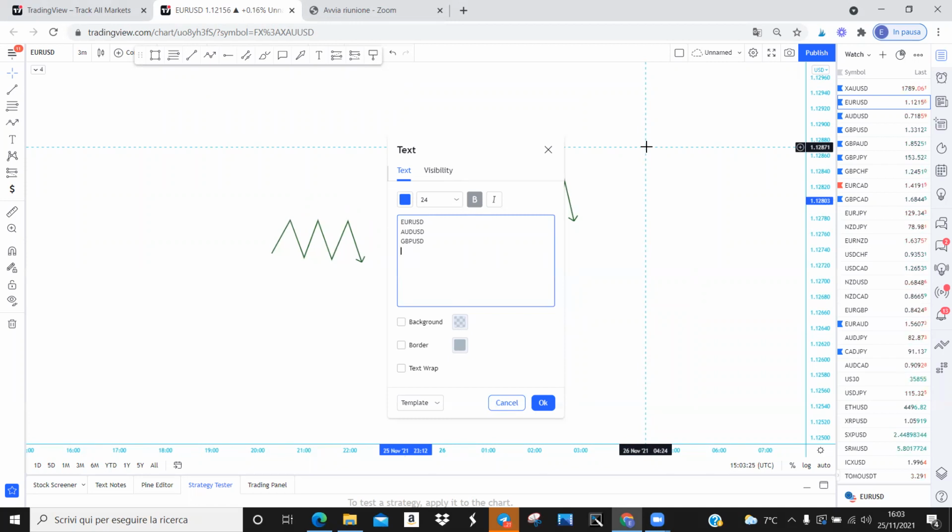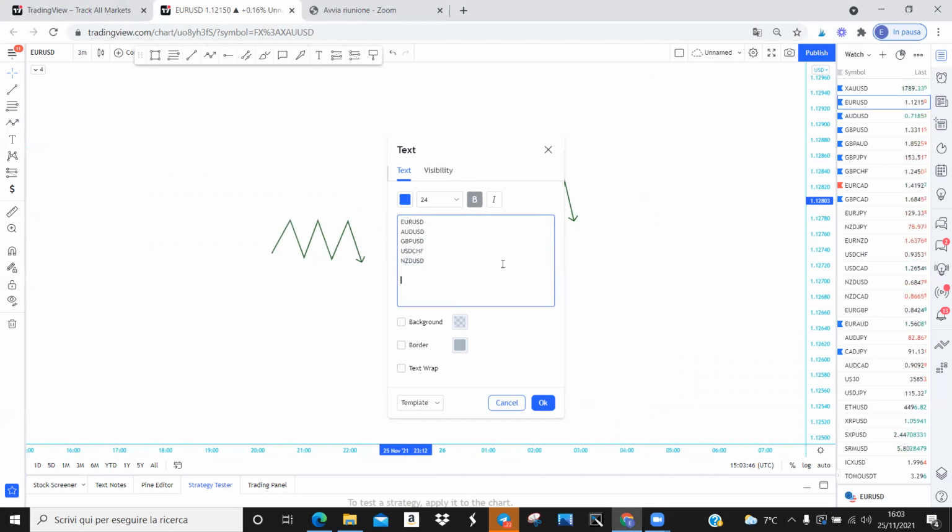I don't really recommend it that much. You can use it on USD CHF. You can use it on NZD USD. Okay, you can use it on all pairs. I'm just giving the best ones that, in my opinion, are these. These are the ones that I tested the most.